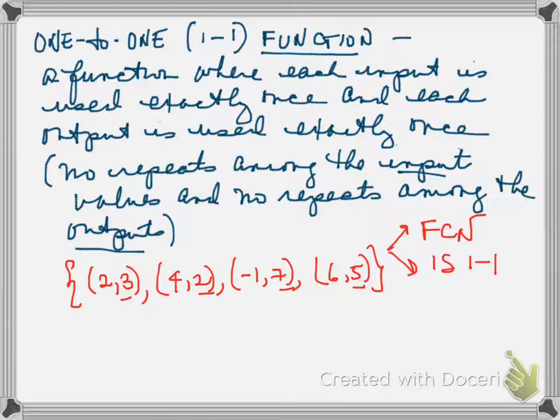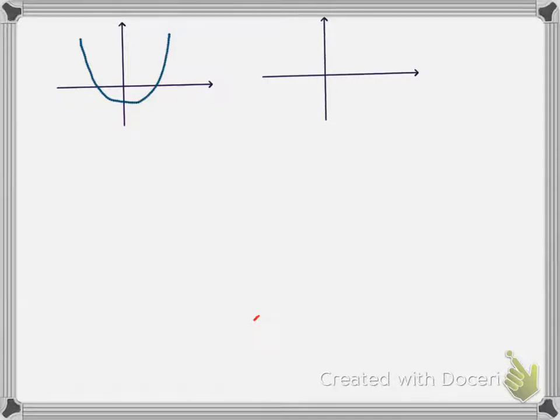From a graphical point of view, you can figure out whether or not you have a one-to-one function. That test is called the horizontal line test. I'm going to get a new screen here so we have some space. So let's draw a couple figures. Here's our parabola again. Here we have two shapes.